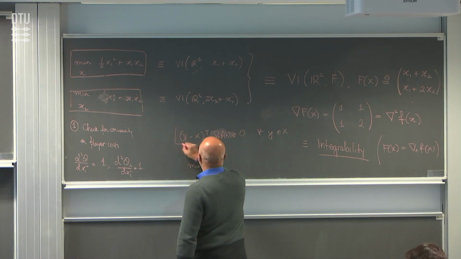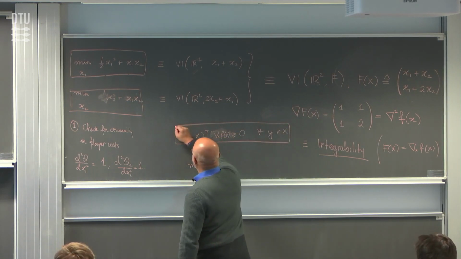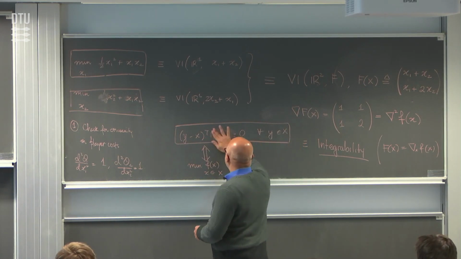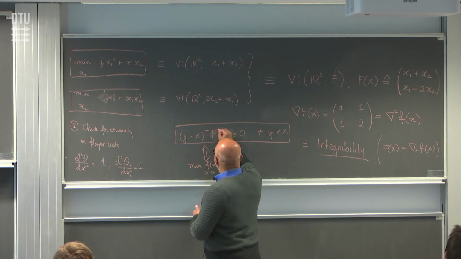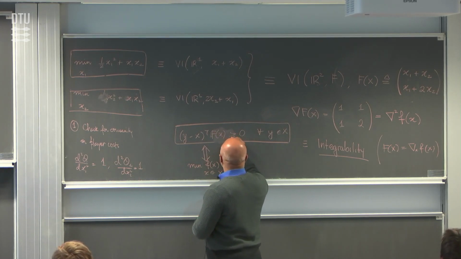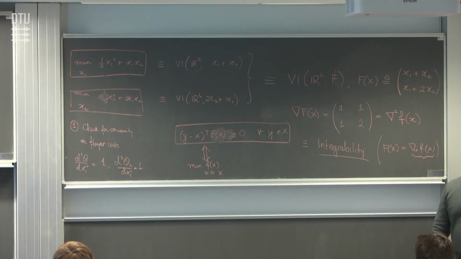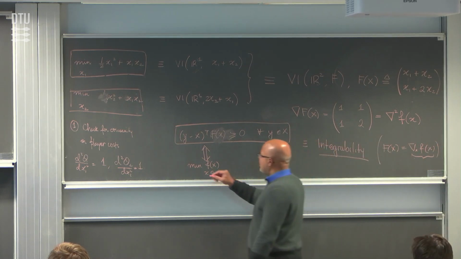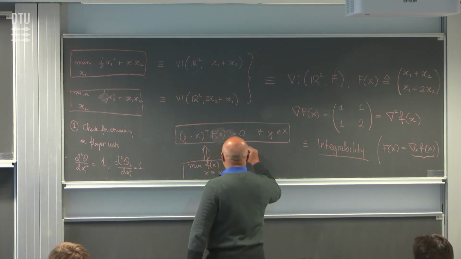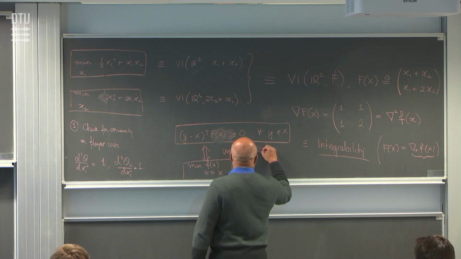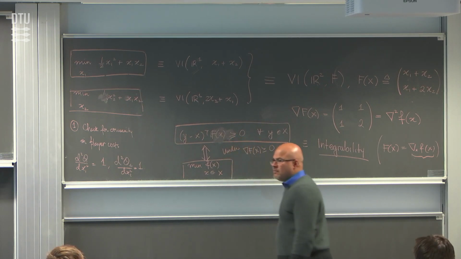Now the question is, where did I get this from? Does everybody know where I got this from? Just from the definition, it was F of x, and now we know F of x, I observed it to be the gradient of some function. So as a consequence, it's equivalent, under the Jacobian of this being positive semi-definite.